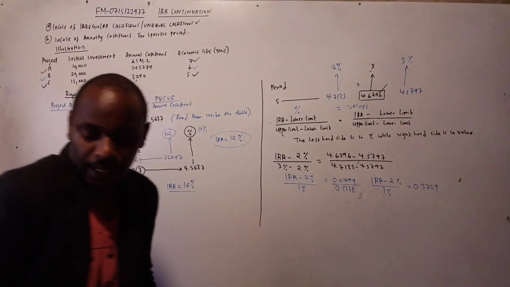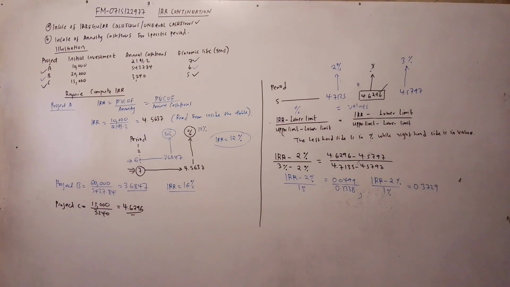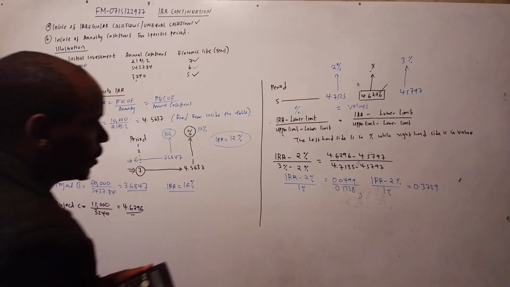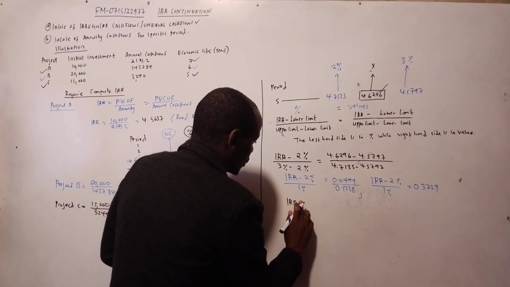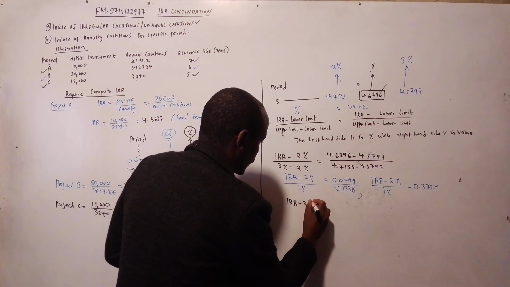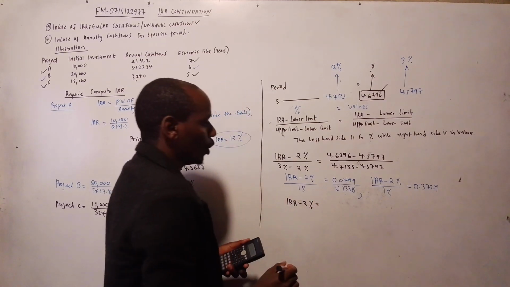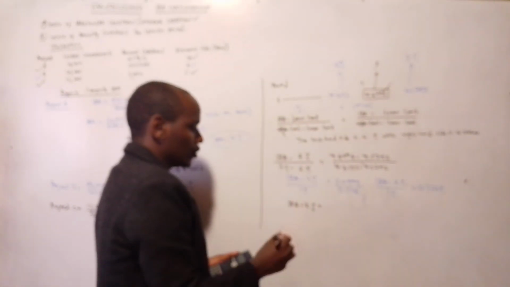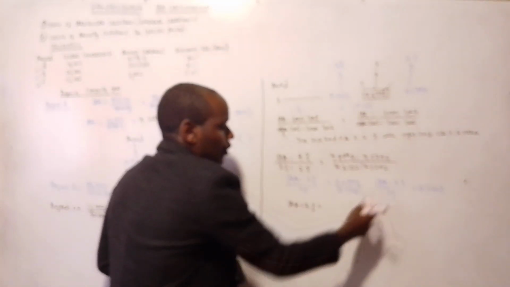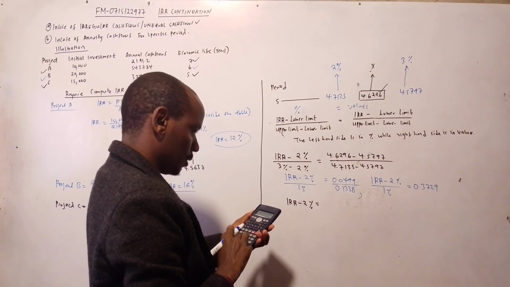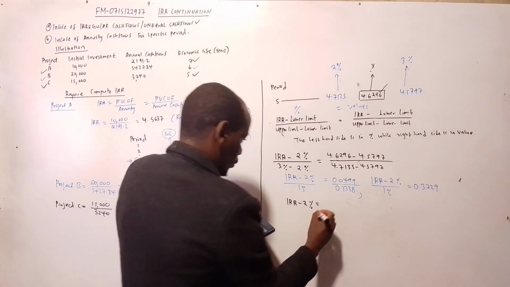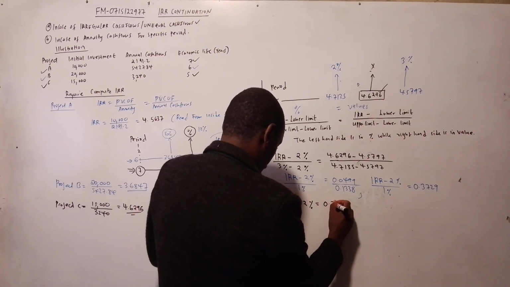So how do we get the final IRR? We need to cross multiply now. So tutasema IRR minus 2% is equal to, now we multiply with 1% on the other side so that we remove the 1% hapa chini. So itakuwa ni 1 times answer, which itakuwa ni 0.3729.